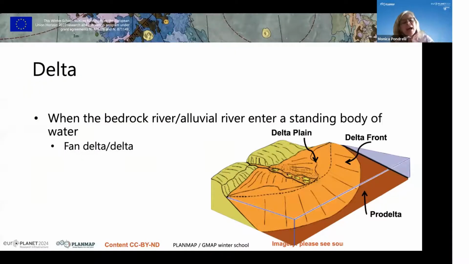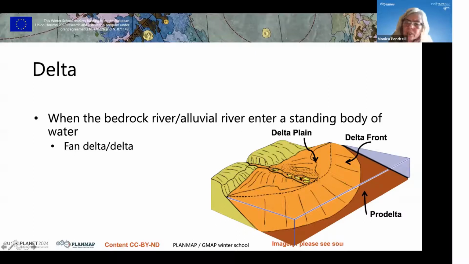Deltas. Okay, finally, our bedrock river or alluvial river enters a standing body of water. So we will have a fan delta or a delta, depending on which of these two. Deltas have a delta plane, a delta front, and the prodelta. In the delta plane, we have the fluvial system, which assumes a distributary pattern. In the delta front, there is the interplay between the processes related to river distribution and wave reworking.